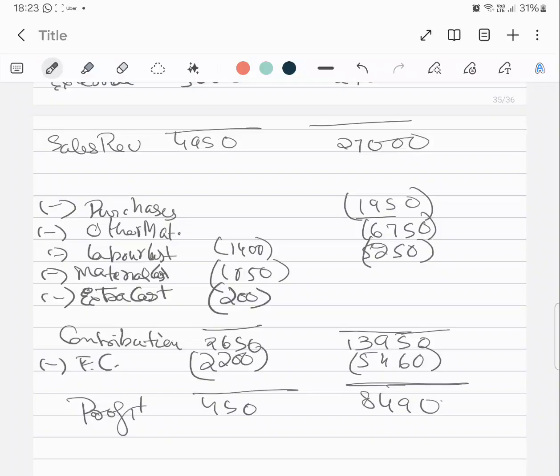What is my cost? 671950 is 5250. Yeah, this is my variable cost. Okay, sorry, this was not contribution.